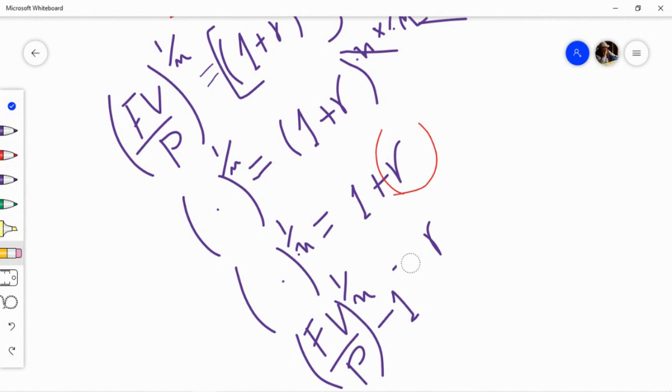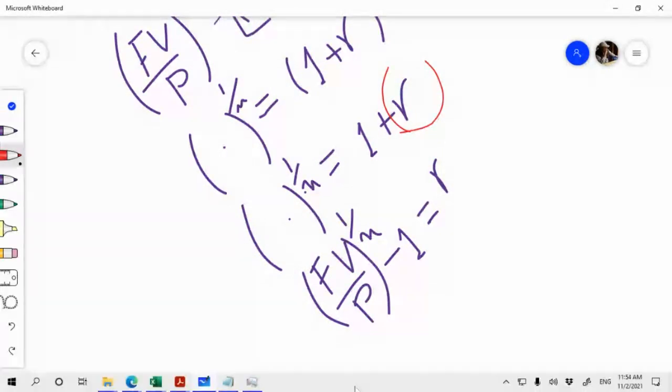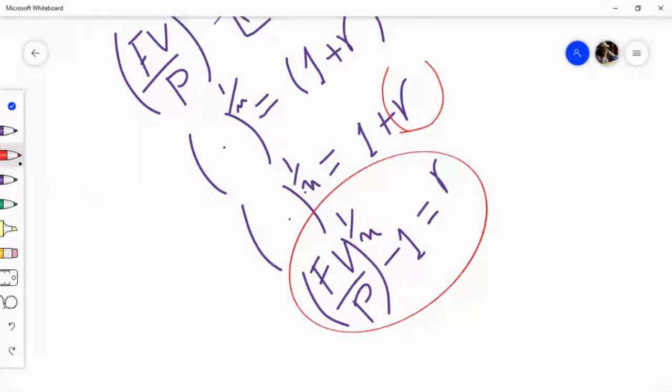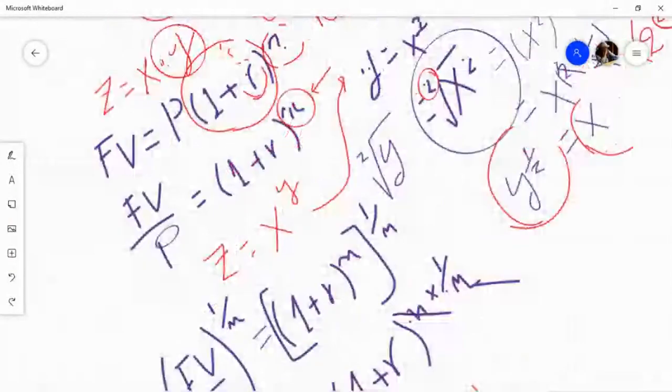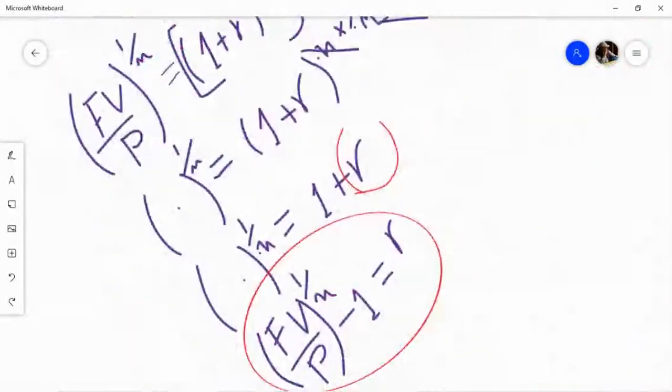This is exactly the formula I gave you. So we finally arrive at this formula, which is basically the formula I gave you, right?